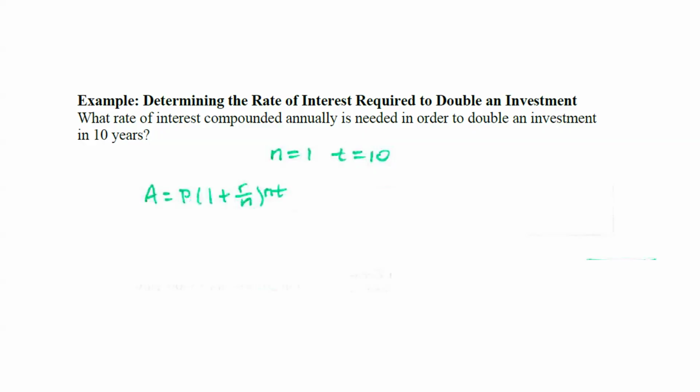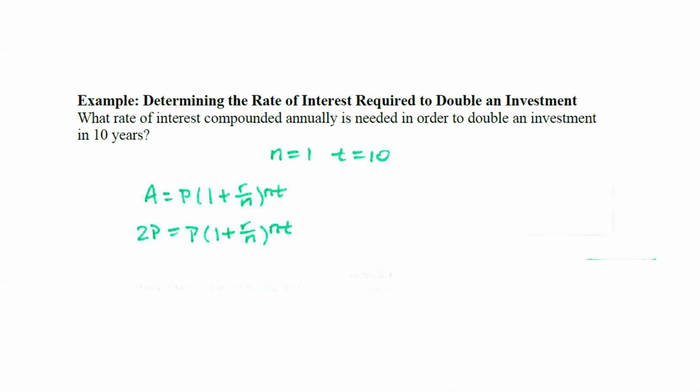We're going to take our formula for compounding n times per year and substitute in the information that we know. We want to double what we invest, which is P, our principal. So our future value A is going to be double our principal, or in other words, 2P.